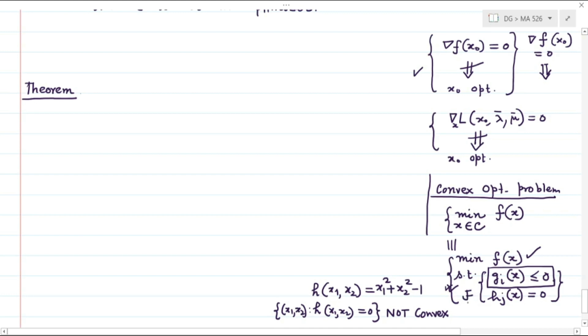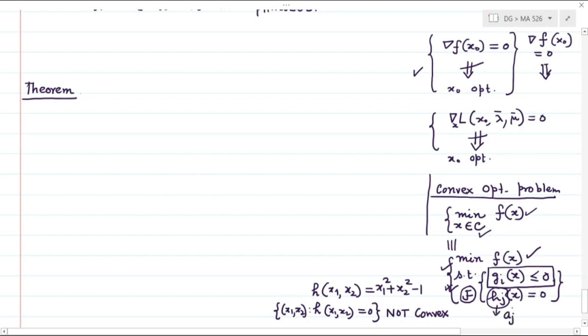But you want this f to be convex, because otherwise this problem is not a convex optimization problem: in a convex optimization problem your objective function must be convex and the constraint set must also be convex. If you just take h_j convex, then your constraint set F is not convex. So what you do here is take a_j as affine constraints.